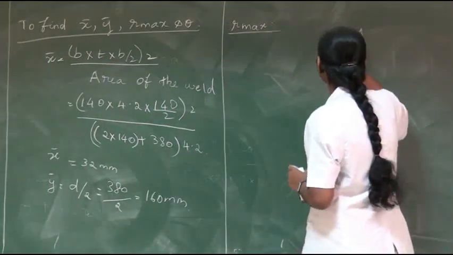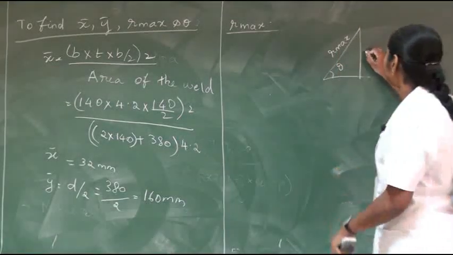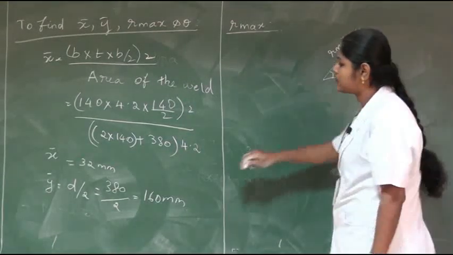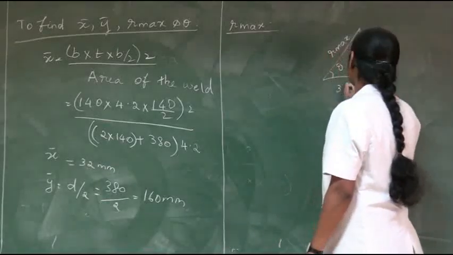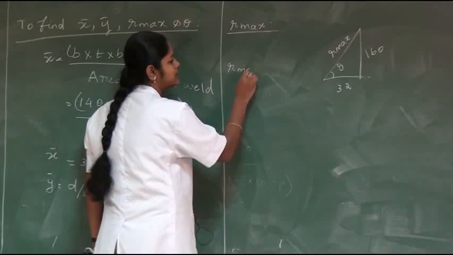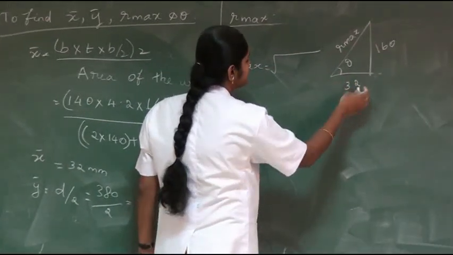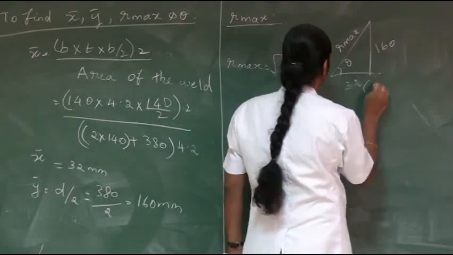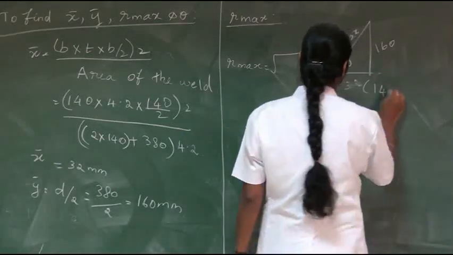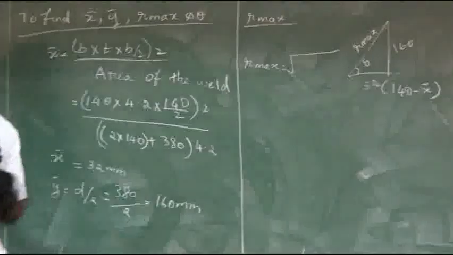Here it is R max. We know that the Y bar is 160 mm and the X bar is 32 mm. By using Pythagoras theorem, R max is equal to root of 160 square plus here it is 140 minus X bar. This is the X bar.